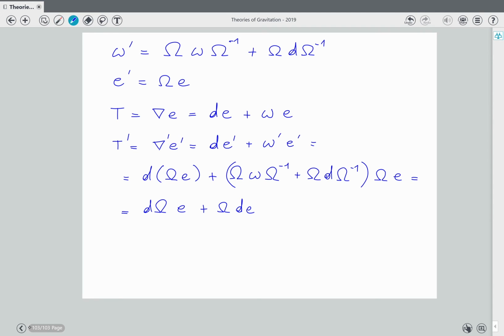The other terms are simpler because here you see you have capital omega, small omega, capital omega to the minus 1 times omega gives 1. So you just have this. And the last term is big omega d omega to the minus 1 omega E.